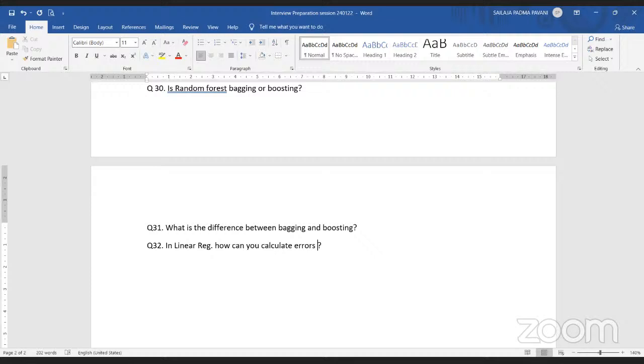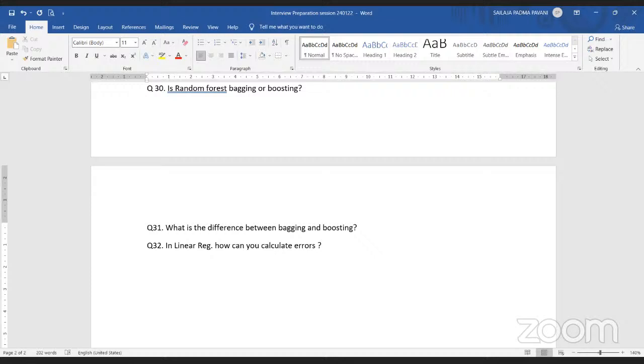In linear regression, what happens to the predicted value and the original output value? There exists some difference. The difference between the predicted and the original values is called the error. So how can you calculate that error in the case of linear regression? By using mean square error, MSE.